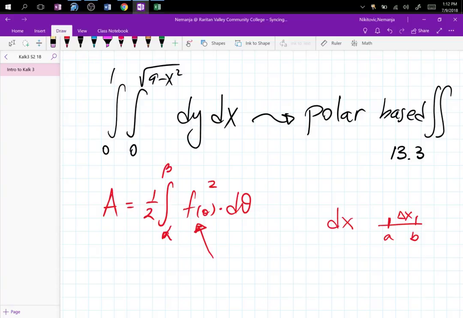Now, if you are still interested in what is going on over here, what is the arc length formula? Does anyone know what S is equal to? Arc length? R theta. So what's theta equal to? Yeah, S divided by R. So if S is in meters and radius is in meters and they cancel, what is the unit for theta?